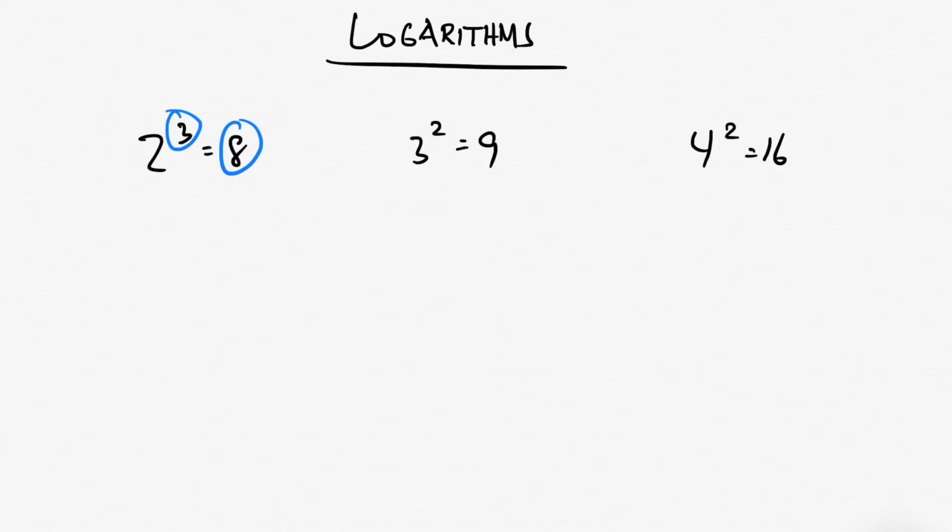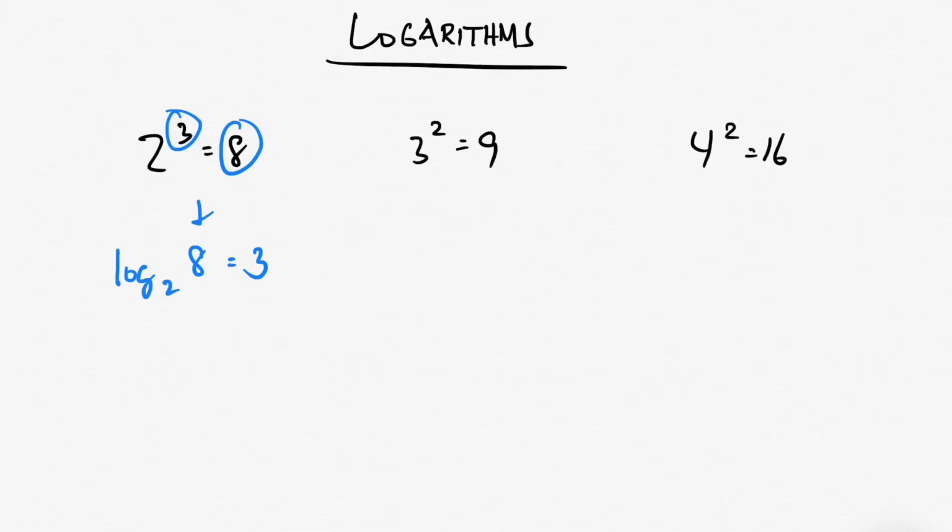So if I want to convert this expression to logarithmic form, write log, and then write 2, and then get 8, equate that to 3. And this is read as log base 2 of 8 equals 3. Again, log base 2 of 8 is equal to 3.